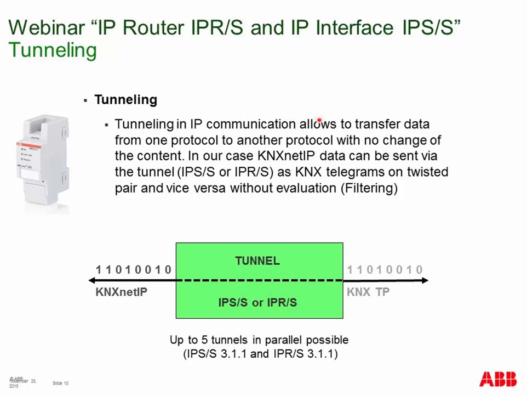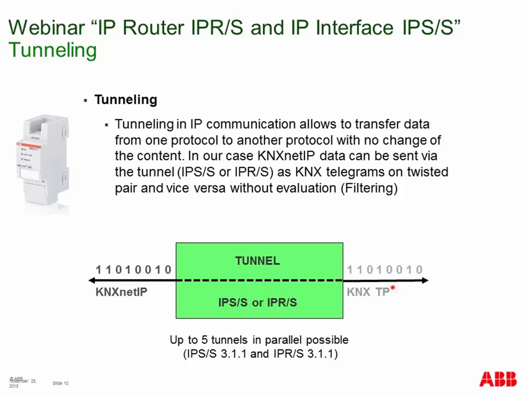Yeah, then this keyword tunneling, what does it mean? If you have a look at the traditional or classical definition, tunneling means, in an IP communication, the transfer of data from one protocol to another protocol with no change of the content. In our KNX world, if we create a tunnel connection through an IP interface or IP router, both can do this, we send a KNXnet/IP telegram via the tunnel, via the component, translated to a KNX TP telegram directly through.